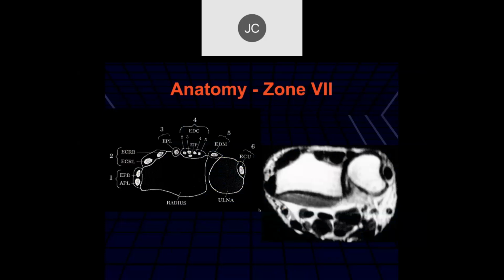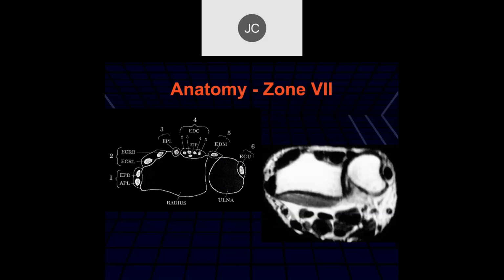So you're all pretty familiar with this kind of diagram. This shows the 6 extensor compartments, starting on the radial side with the first, which has extensor pollicis brevis and abductor pollicis longus that we've been talking about, and the extensor carpi tendons, and the second, the extensor pollicis longus that we'll talk about soon, and the third compartment.